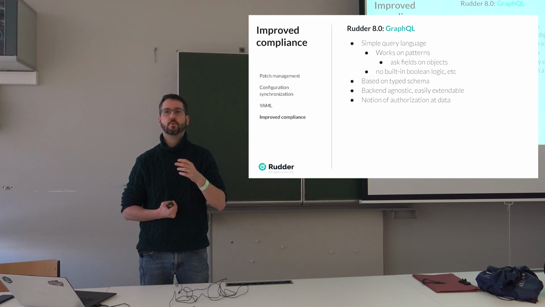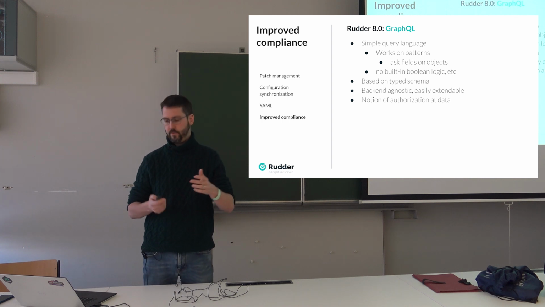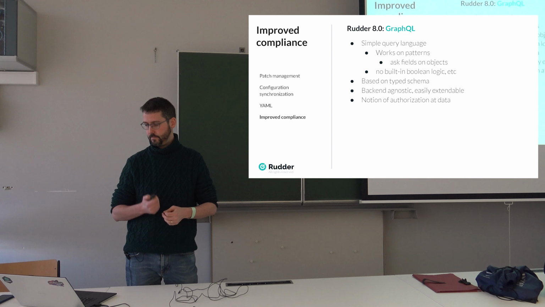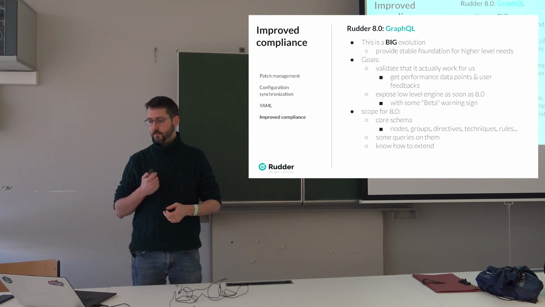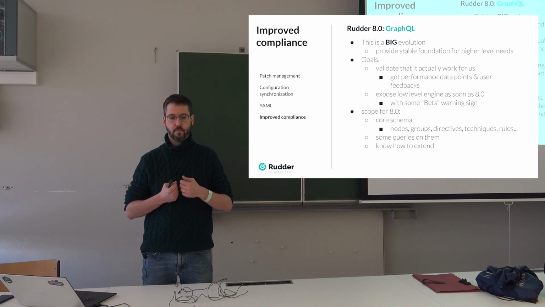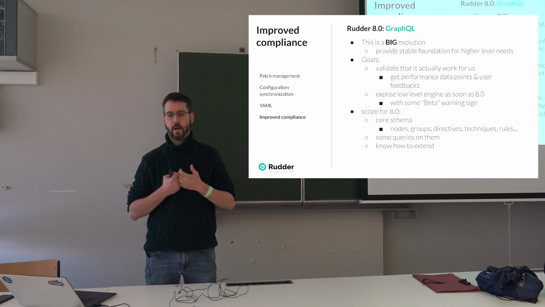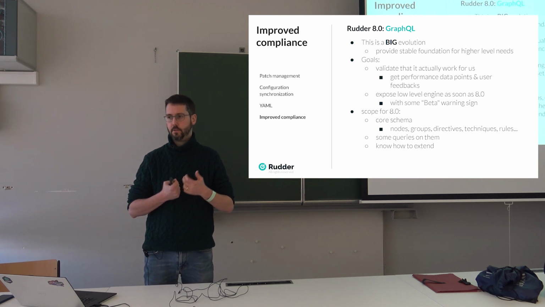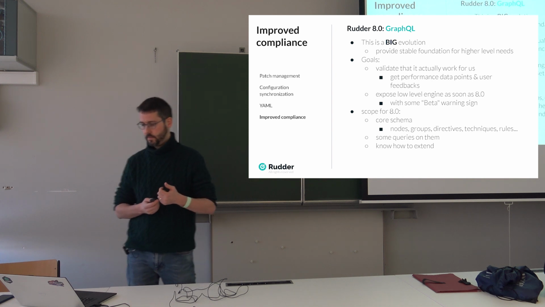So you can also choose to not expose certain types of information to certain users. This is a big evolution for Rudder, to provide meaningful context for everybody using configuration management.